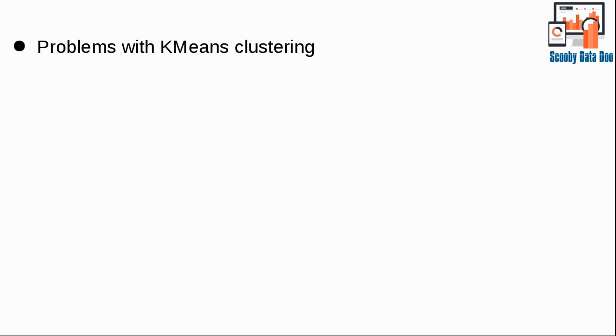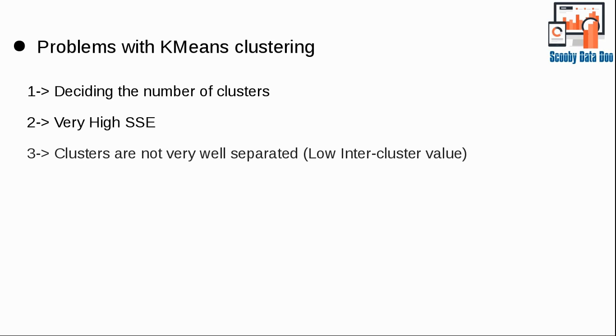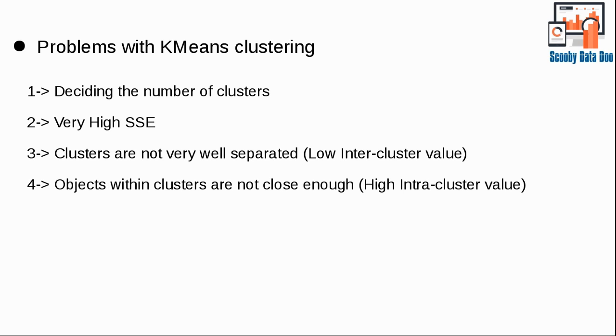Now, some basic problems we face with K-means clustering. We could never decide what should be the optimal number of clusters. Very high SSE: clusters are not very well separated, and objects within clusters are not close enough. Actually, very high SSE and number 4 are speaking the same thing.